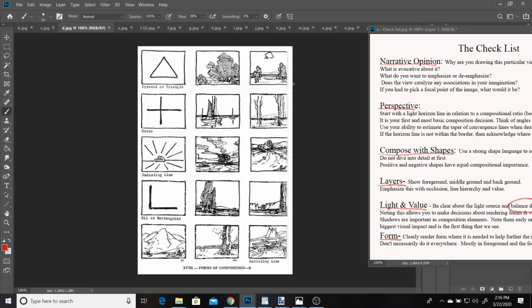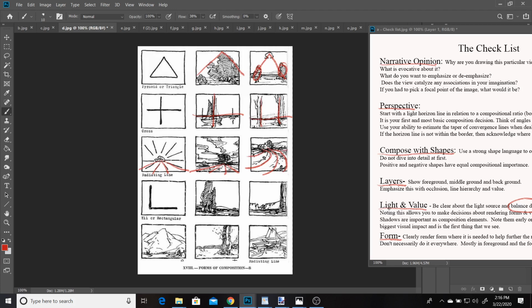Again, the pyramid, this is what a lot of people do, this sort of emphasis. This is also sort of equal emphasis here. The cross, horizon, vertical, radiating, very similar, one-point perspective does this a lot. Things going towards the horizon line. This is swooshing like this. So that's an element of that.